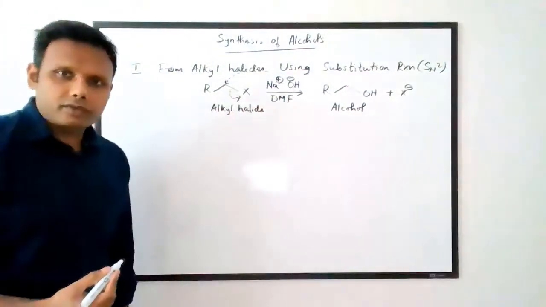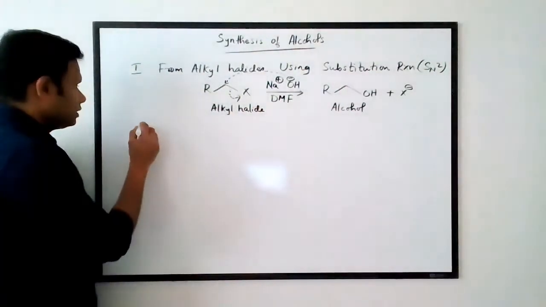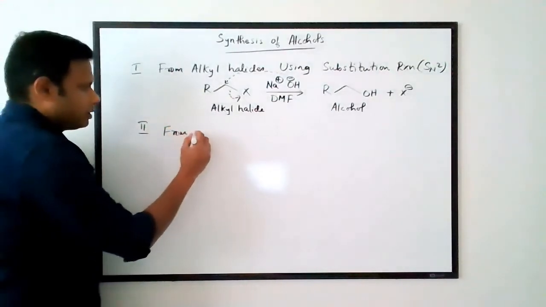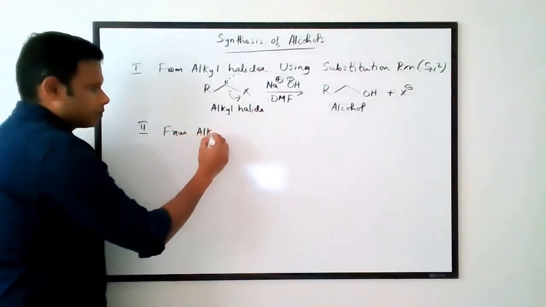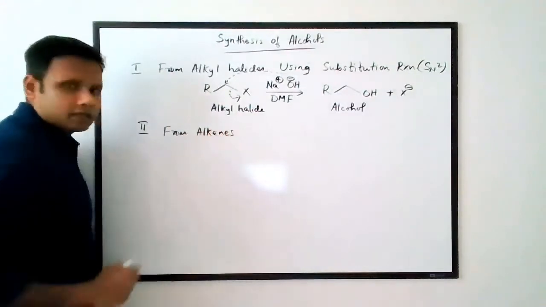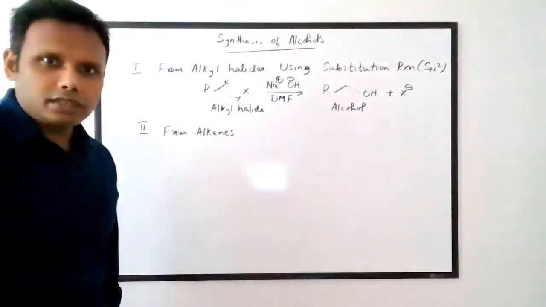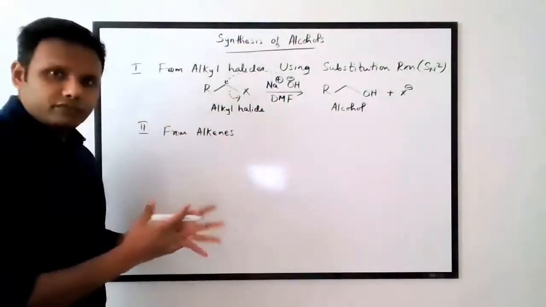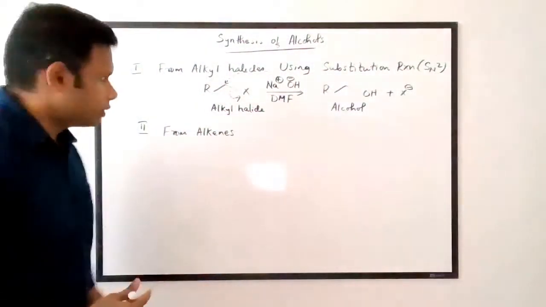Now, the second set of reactions that we've previously seen are starting from alkenes. So alkenes can be converted into alcohols, and we've learned a few different ways of doing it.